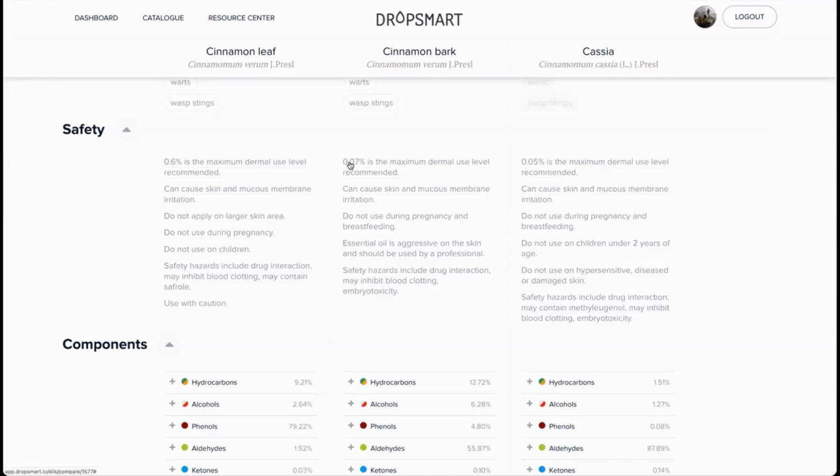And here it's 0.07 and 0.05 because it's an aromatic aldehyde. So it is a difference. It's a huge difference. So we need to put awareness into this to our students, to our clients, to our followers out there. However it is that you're sharing aromatherapy, we need to start talking about aldehydes and how to use them properly.